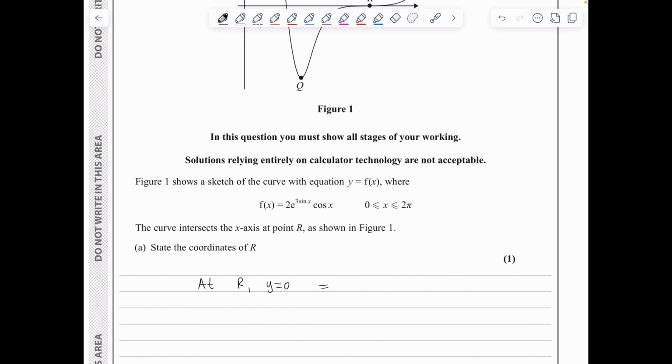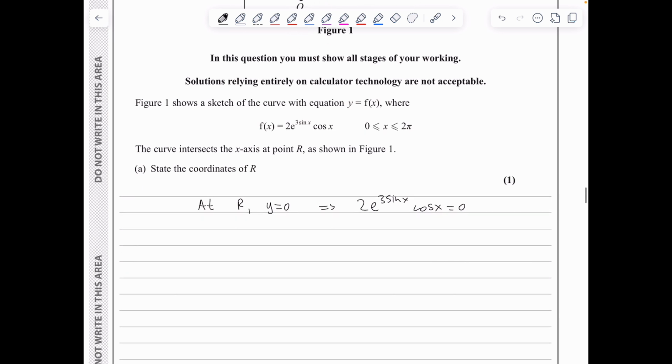So I will be setting 2e to the 3 sine x times cos x is equal to 0. Now, obviously, e to the 3 sine x can never be 0. So the solutions to this will come out of cos x being equal to 0. Now, my principal value will be inverse cos of 0, which is pi over 2.